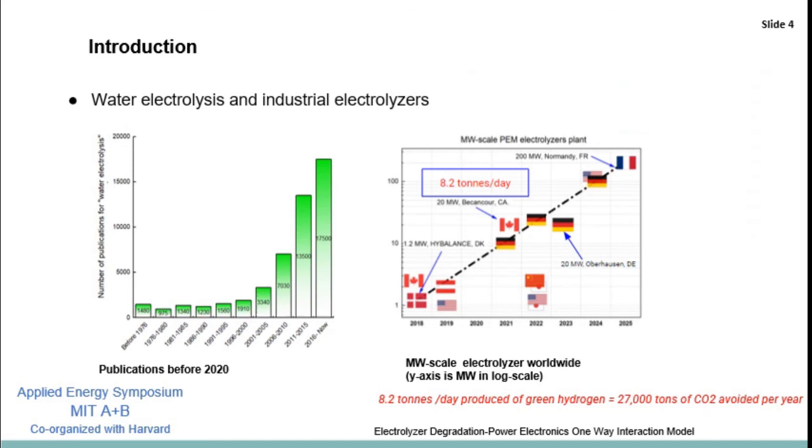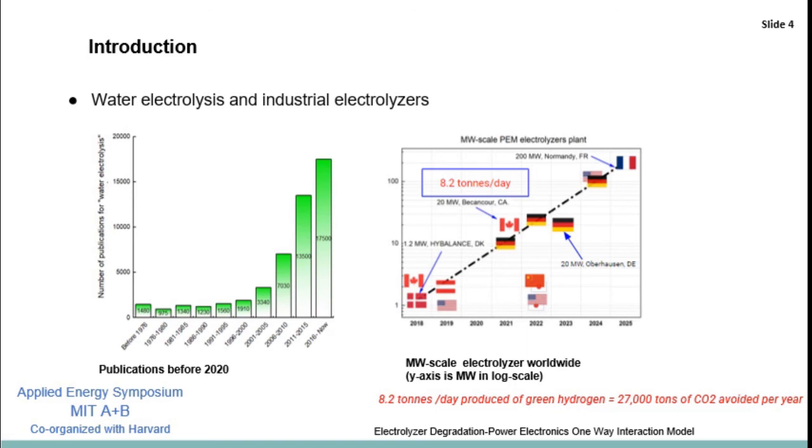Our 20 megawatt PEM electrolyzer in Bécancour has been the biggest since 2021, and now you can see there are several other bigger electrolyzers under construction. And by the year 2025, the biggest reported electrolyzer is the electrolyzer in Normandy, France.